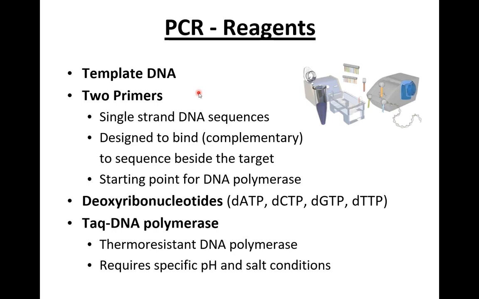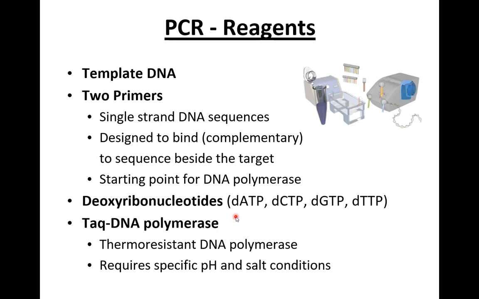Together with that, obviously you will need the DNA polymerase. Usually it is a Taq or a modified version of a Taq DNA polymerase. Now there are other versions too. And obviously you will need also all the deoxyribonucleotides, so the components that are polymerized by DNA polymerase, to copy the target sequence.